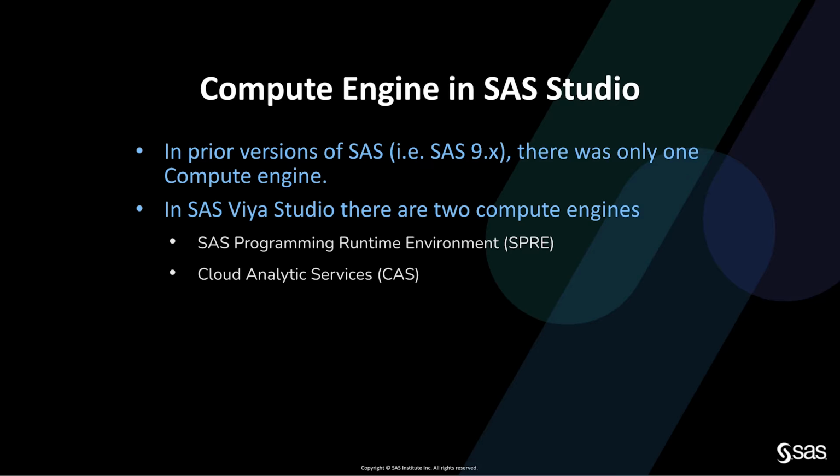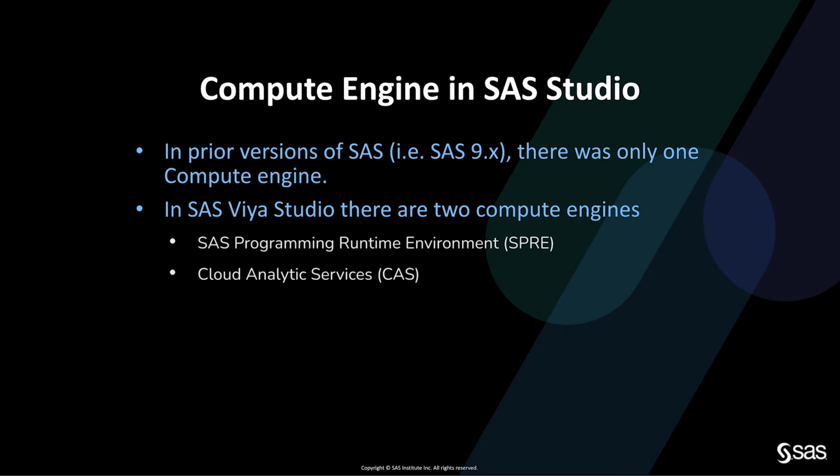But in this version it's good to know, because depending on what you're doing, you might want to use one versus the other. The 2 compute engines are the SAS Programming Runtime Environment, which people refer to as SPRE, and the Cloud Analytics Server, also known as CAS. So I will move on and get details on both of those.